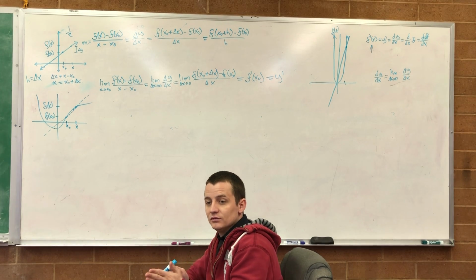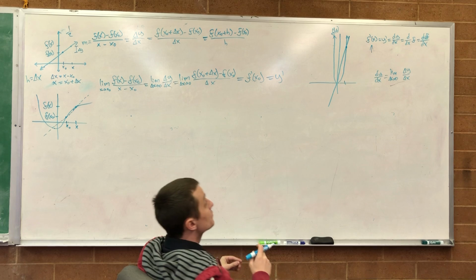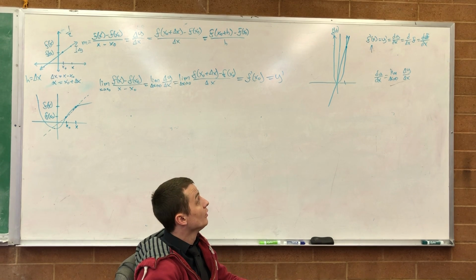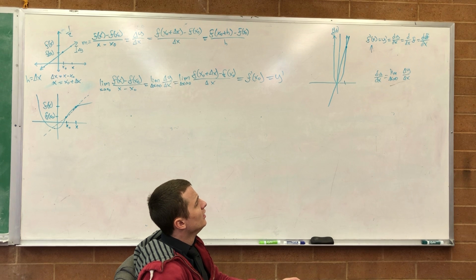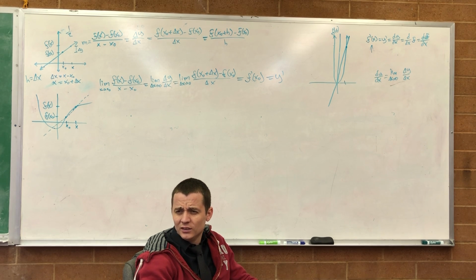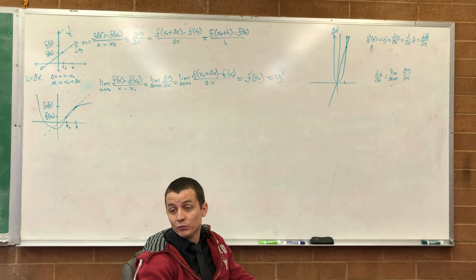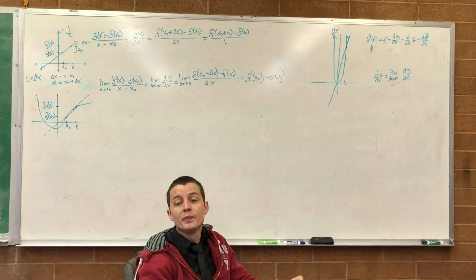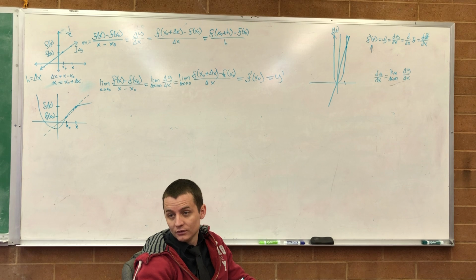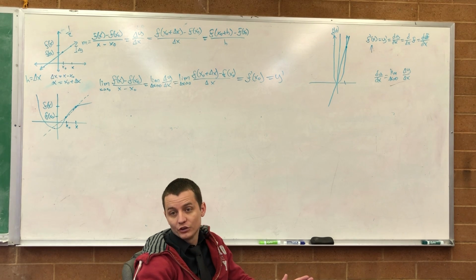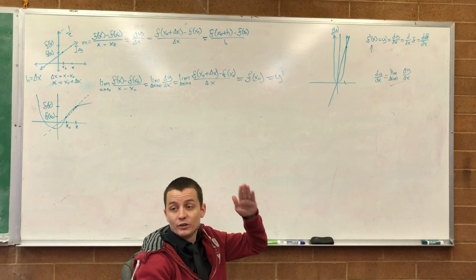Is that what it looks like in general for most parabolas? Yes, for every parabola, its derivative is going to be a straight line. Yeah, that makes sense. And the less steep the parabola, the less steep the derivative line.